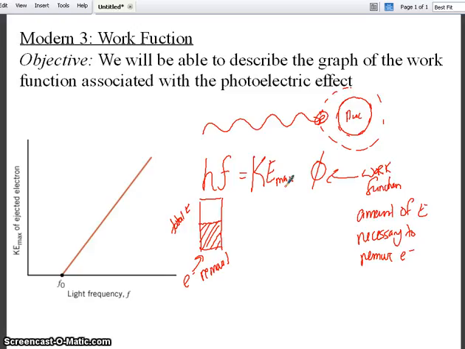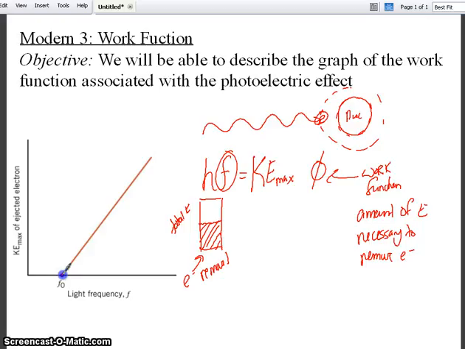Looking at this graph right here, notice it starts off at this point right here. There's a certain frequency, and a certain frequency means a certain energy. That is the work function.